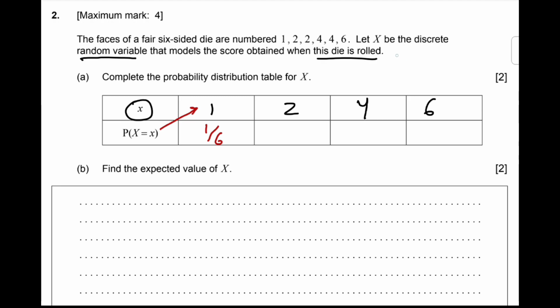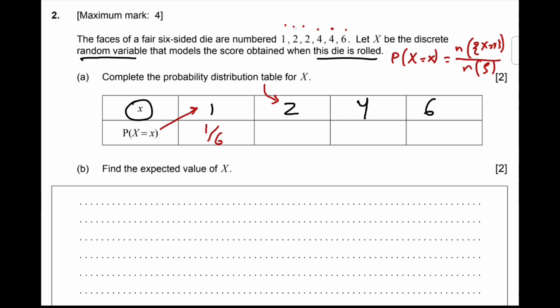Remember that the probability that x equal to little x is equal to the number of elements in the group x equal to little x divided by the number of elements in the sample space. The sample space has 6 sides, so there is a 1 over 6 chance to get this side. What about 2?